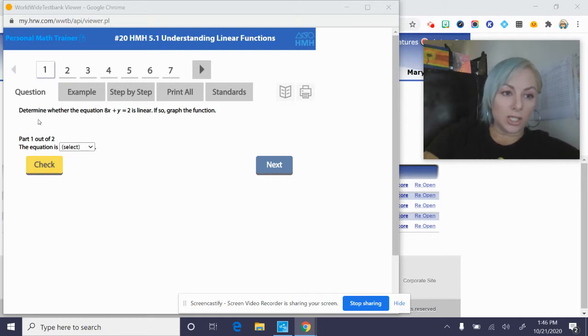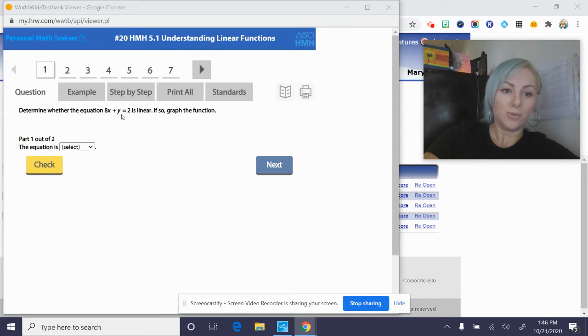So this first question here says, determine whether the equation 8x plus y equals 2 is linear. If so, graph the function. I put some video links today about how you can tell if a graph is linear or nonlinear. One thing you want to look for is identifying what form they are giving you an equation in.